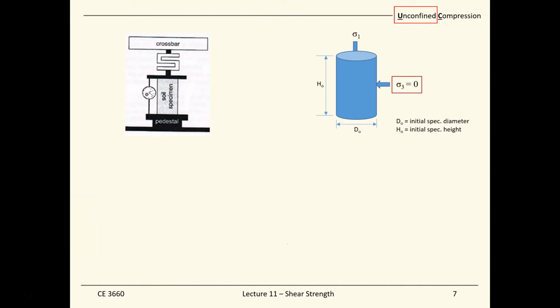This is a sketch of the laboratory setup of an unconfined compression test. We need instrumentation of a load cell and also a dial gauge.